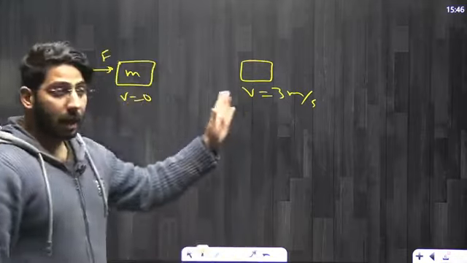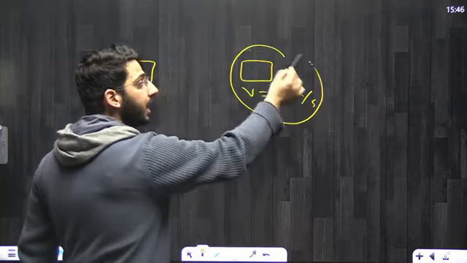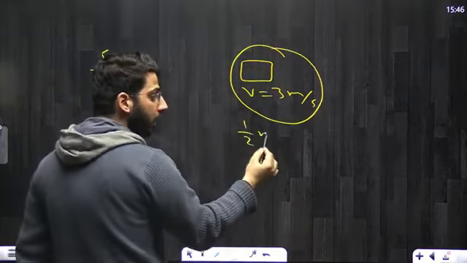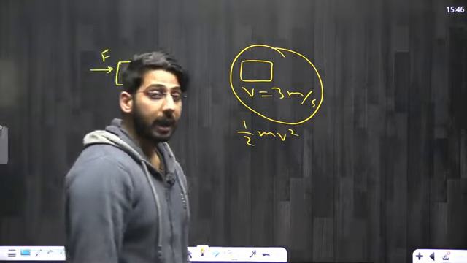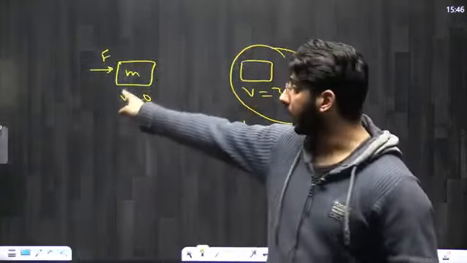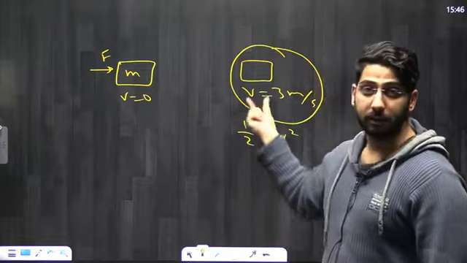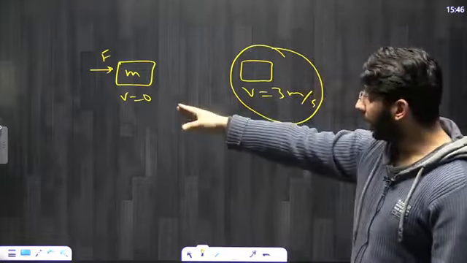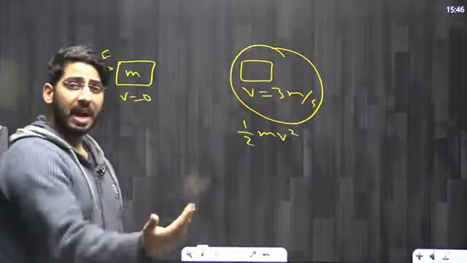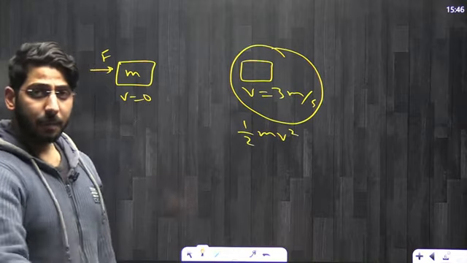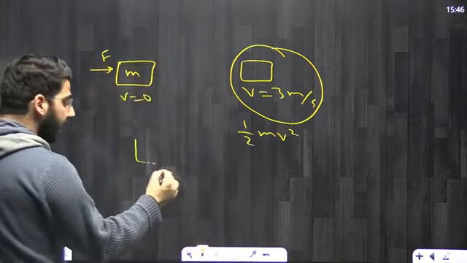Until it was done, I was doing work, and when I am done, I would have the kinetic energy as half of mv square. So I did work on the body, and I made that work convert to the kinetic energy of the system. Are you getting my point? Whatever work I am doing on the system is somehow being manipulated as the energy of the system.